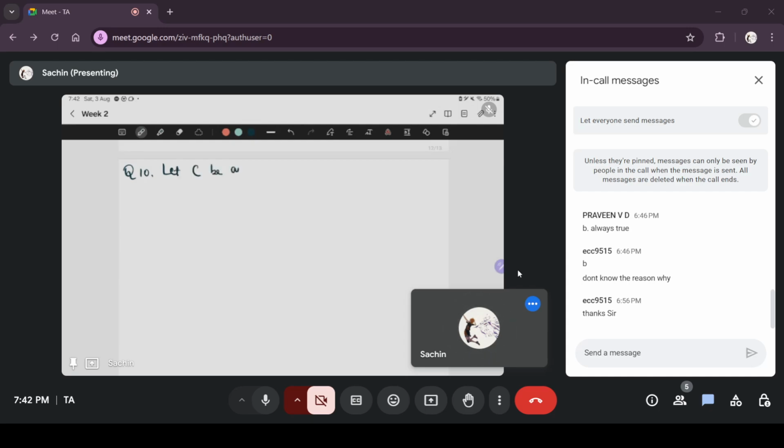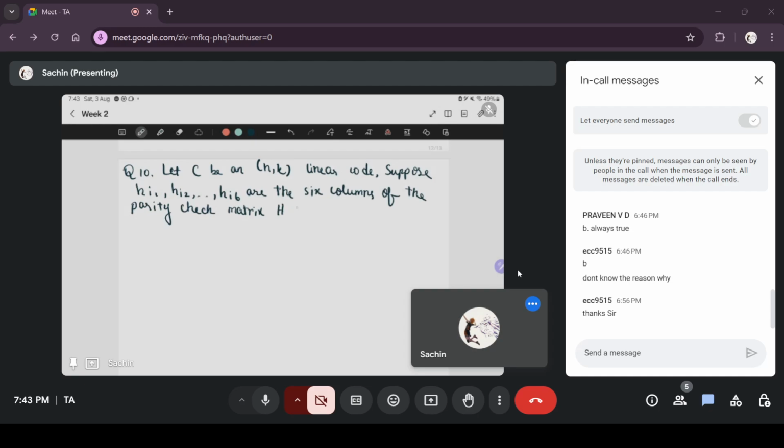Let C be an (n, k) linear code. Suppose hi1, hi2, up to hi6 are the 6 columns of the parity check matrix H of the linear block code C, such that hi1 plus hi2 plus etc. plus hi6 is the zero vector.